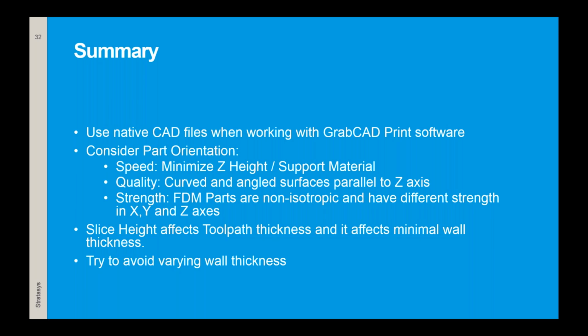So if you know the slice height that will be used for printing, adjust your wall thicknesses accordingly, or you can tell the operator to use a certain slice height, and also try to avoid varying wall thicknesses altogether.